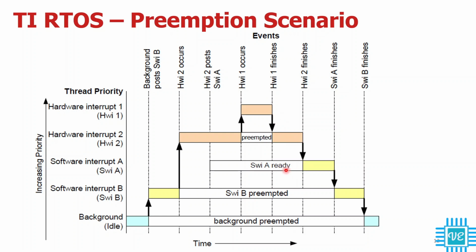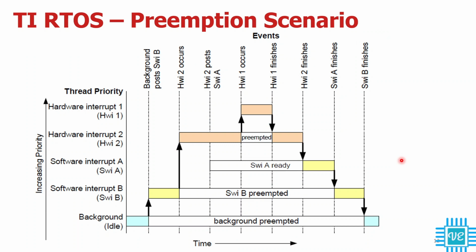Then it will switch from the ready state to the running state, and then again it will switch to software interrupt B. After the execution of software interrupt B, at this point of time there are no other tasks running on your processor, so it will be switched to the idle task.